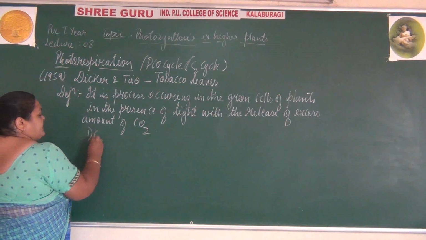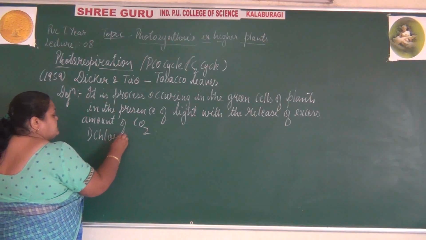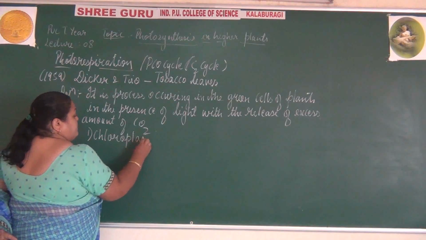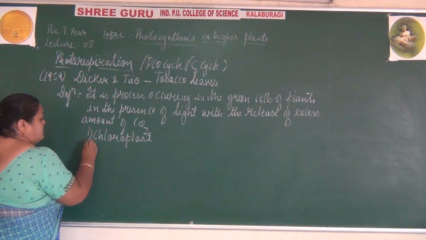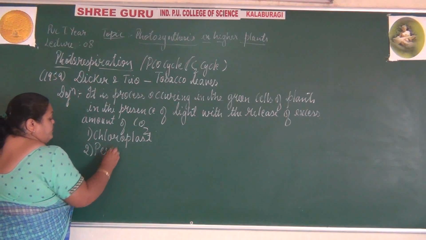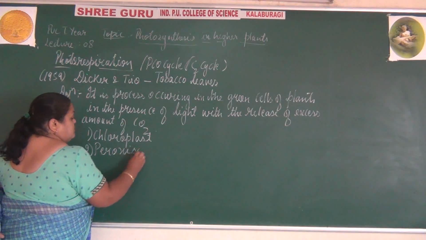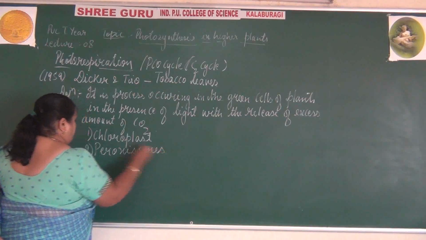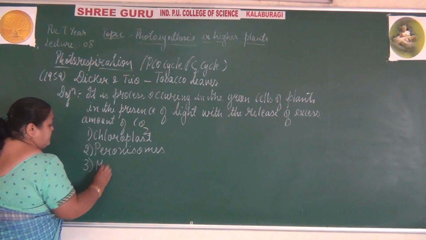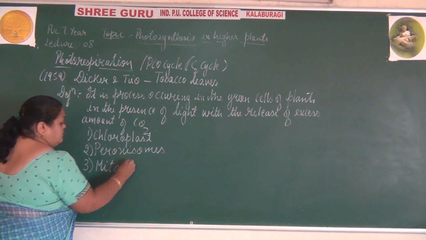The first, it occurs in the chloroplast, then peroxisomes and mitochondria.